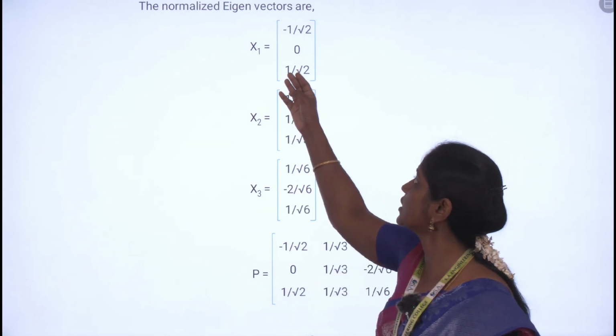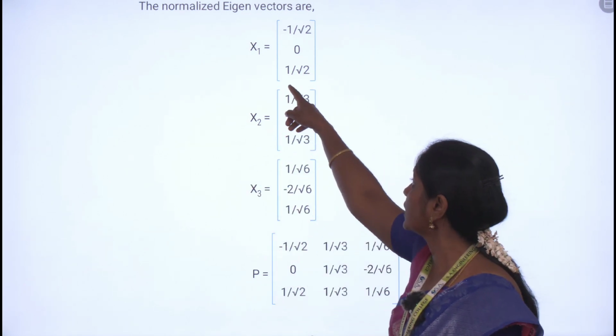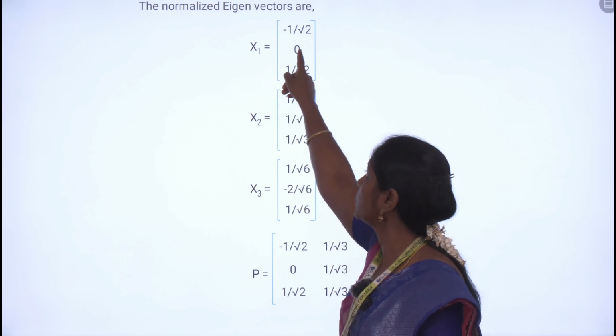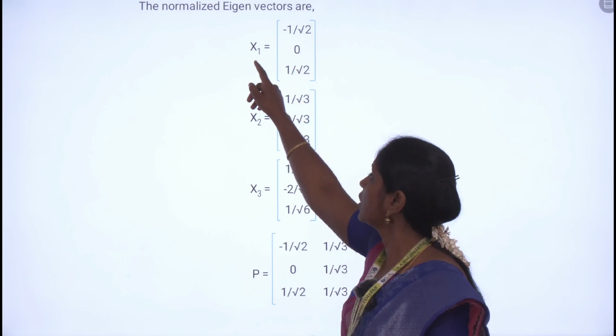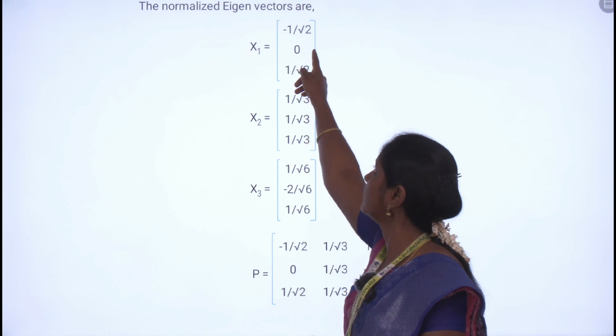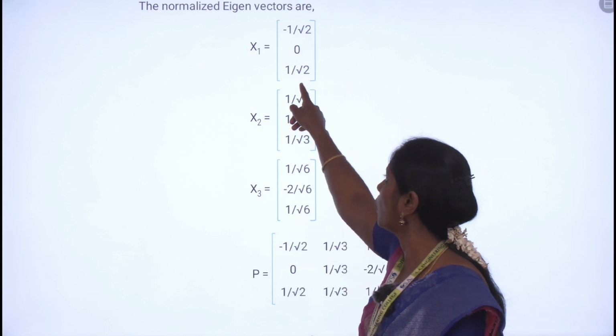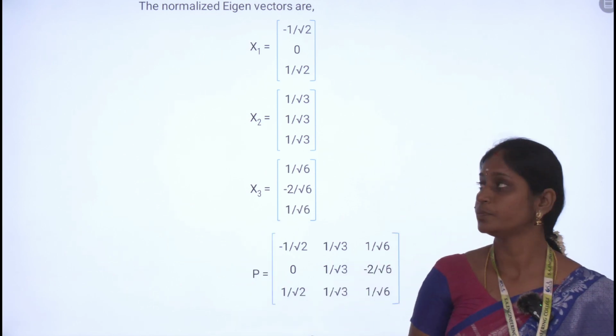We can write the normalized eigenvectors. For x1, with eigenvector (-1, 0, 1), the normalized eigenvector is -1 divided by square root of 2, 0 divided by square root of 2 which is 0, and 1 divided by square root of 2.